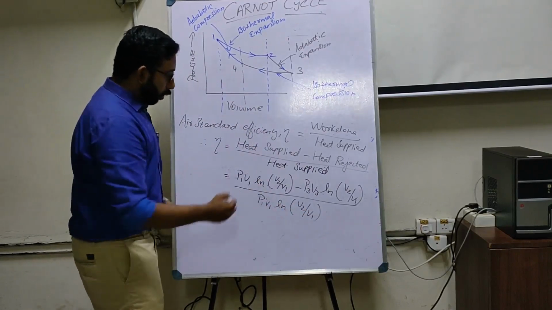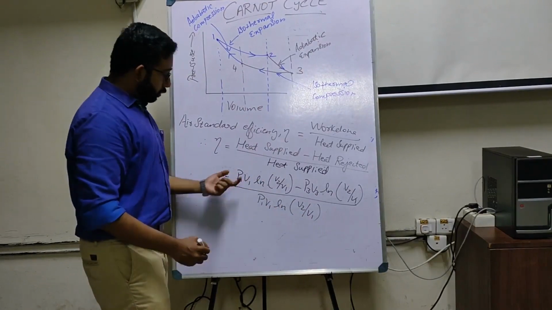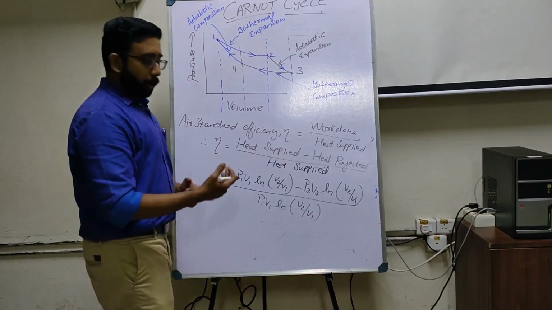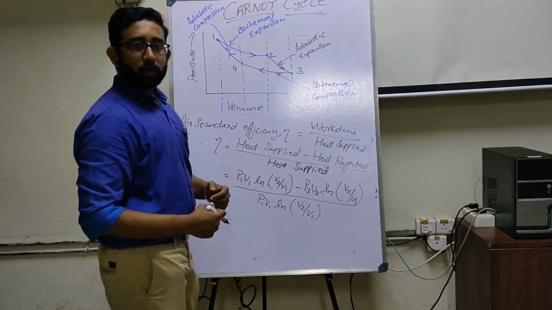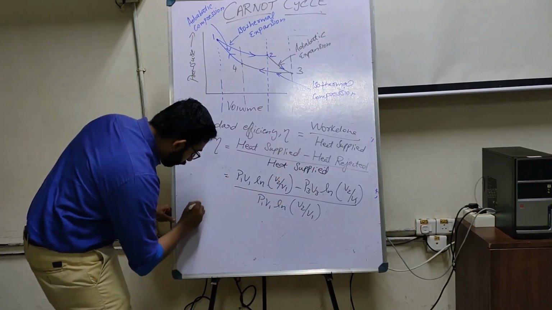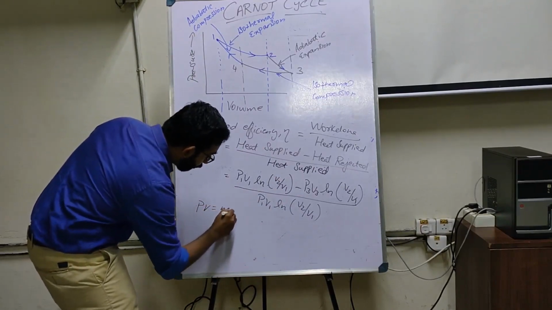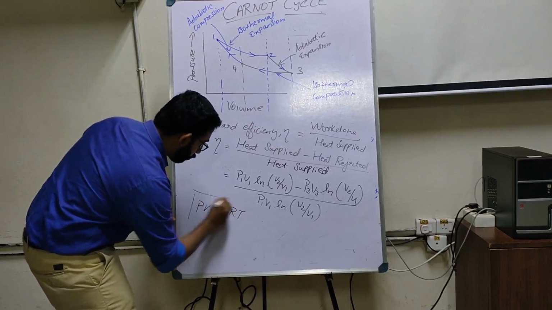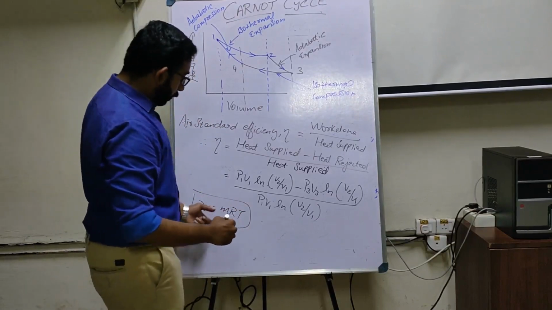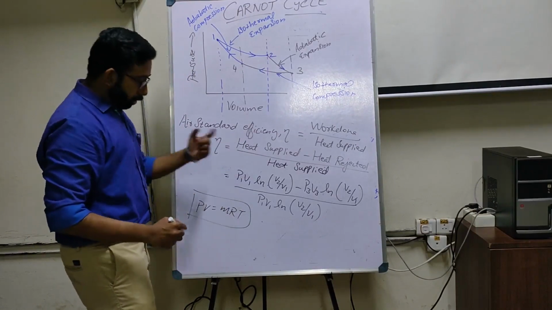So now we have to rearrange terms. Here the P1 V1 and P3 V3 are unknown for us. So I am replacing them using MRT. We all know that PV is equal to MRT. You know this gas equation. So I am substituting this in the above expression.